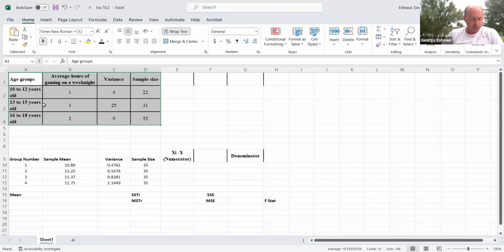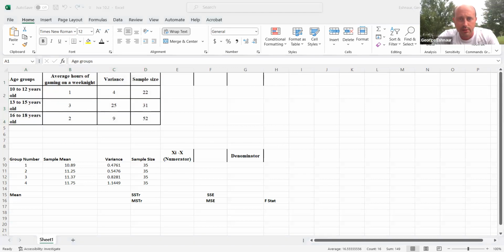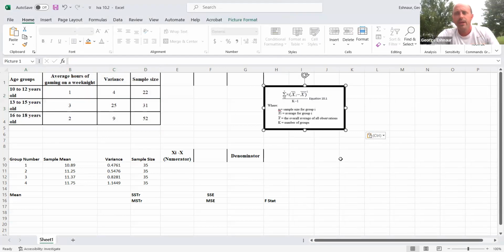So to start with, if you look at page 160, we need to figure out our numerator first. And so we get this, let me see if I can pull the formula just a second. This one here. Okay.